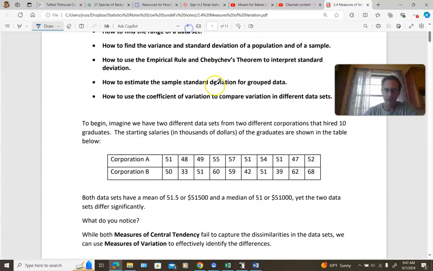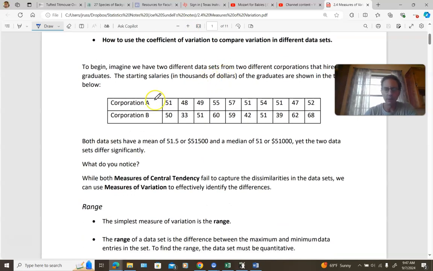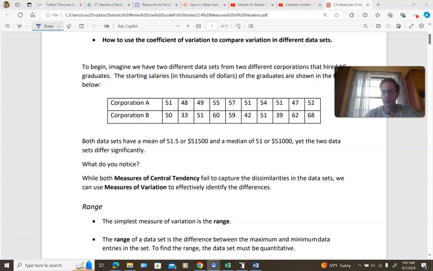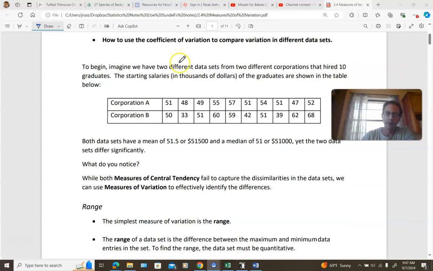First thing we're going to point out, guys, is we're going to look at these two data sets that we have right here. They're from two different corporations that hire 10 graduates, and these are their starting salaries in thousands of dollars. So $51,000, $48,000, $49,000, etc. Now look down here. It says both data sets have a mean of 51.5, which in thousands would be $51,500.